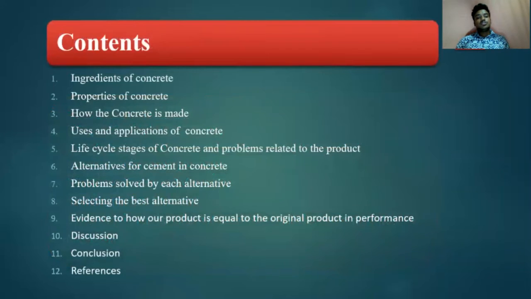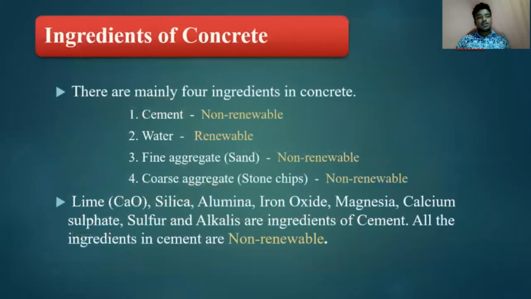This slide shows the contents of this presentation. As you can see, we will introduce our substitute step by step during this presentation. First, we discuss what the main ingredients in concrete are. There are mainly four ingredients in concrete: cement, water, fine aggregate, and coarse aggregate.